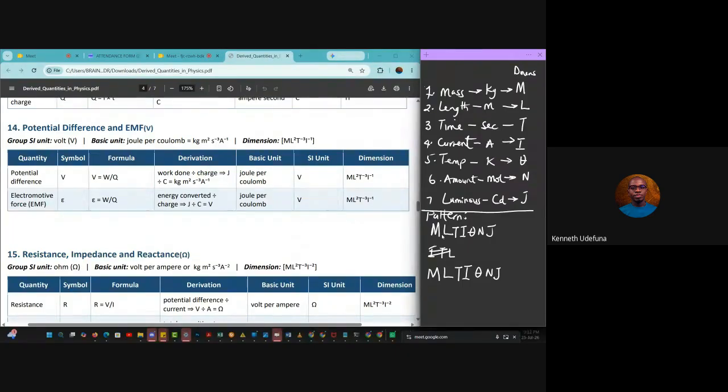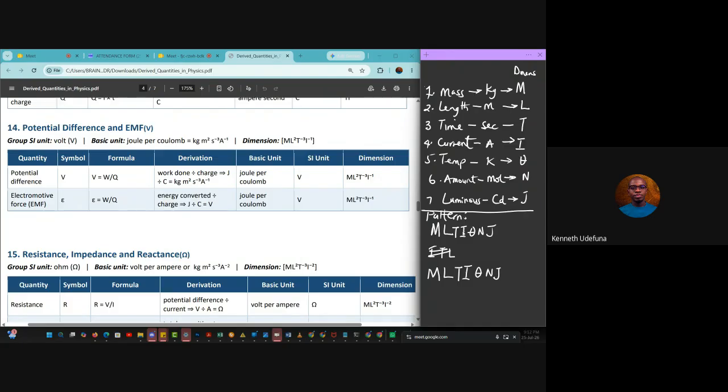So the pattern of writing dimension is you write capital M first if there is capital M, followed by capital L if there is L, followed by T if there is T, followed by I, followed by theta, followed by N, and followed by J. So in a situation whereby your dimension has capital N and capital J, which of them comes first?